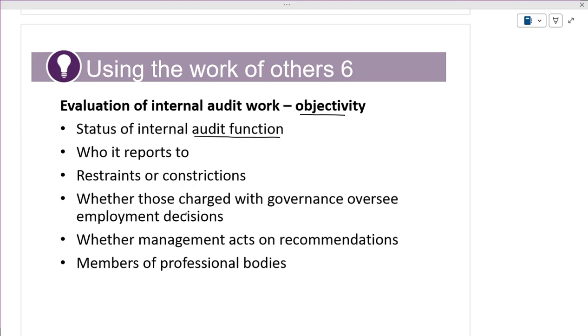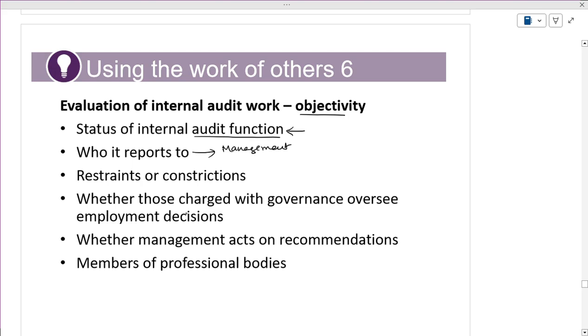What is the status of the internal audit function? It means how they are presenting themselves, what their role is, where they stand as internal auditors, and to whom they report. In fact, they report to the management, because they have been employed by the management.